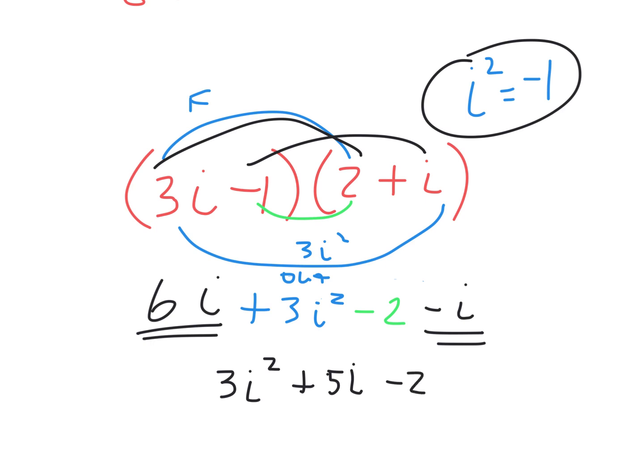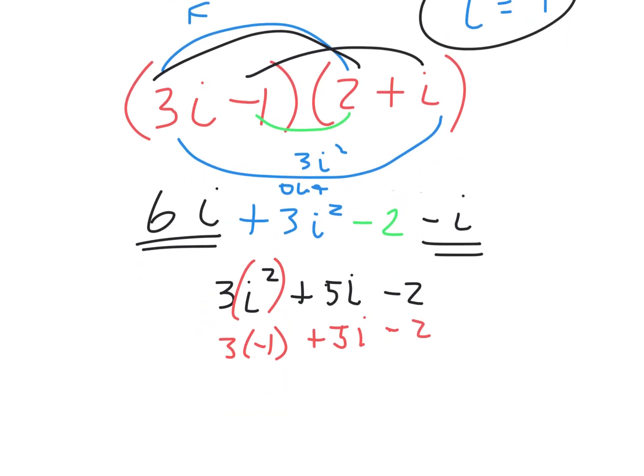And you would have been awesome if you got that far, but still wrong, because you haven't simplified it all the way. Madison, do you have a short-term memory? What's that i squared mean? -1. So that means 3 times -1 plus 5i minus 2.